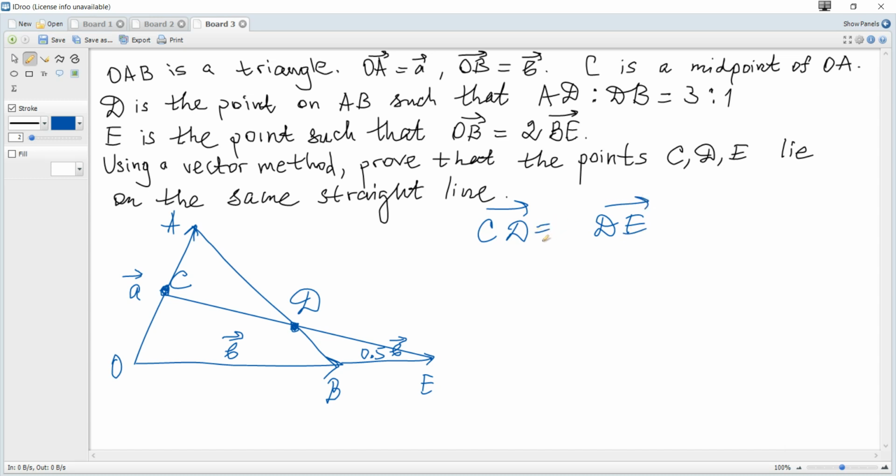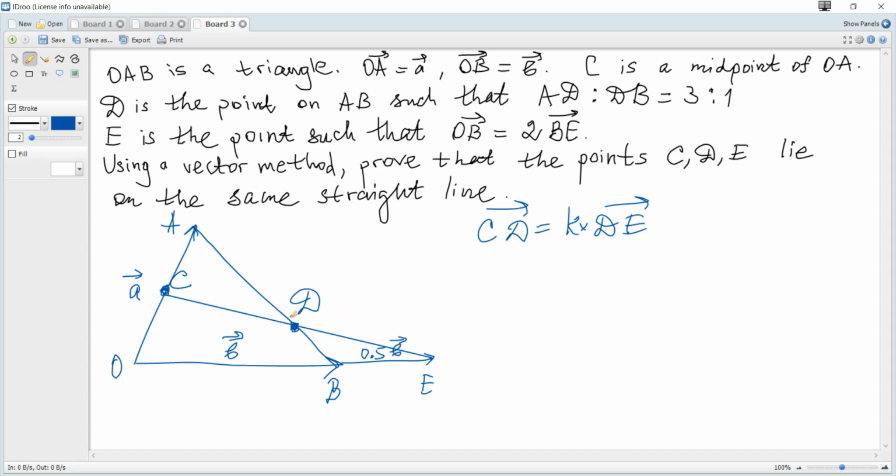And if we show that one vector is some constant multiplied by another vector, it means that these vectors are collinear. It means that vectors lie on the same line or on parallel lines. But since there is point D which is in common, these 2 vectors lie on the same line.